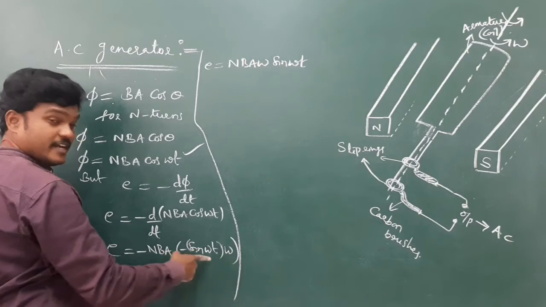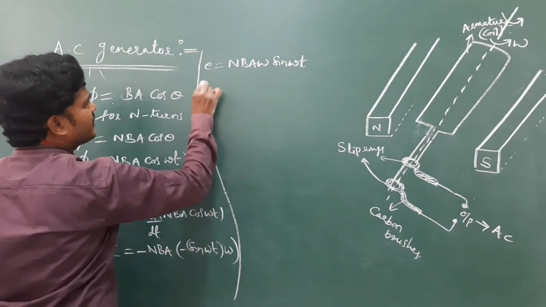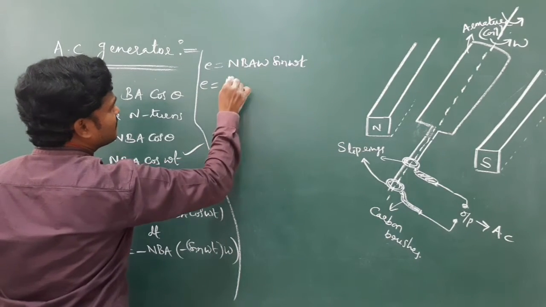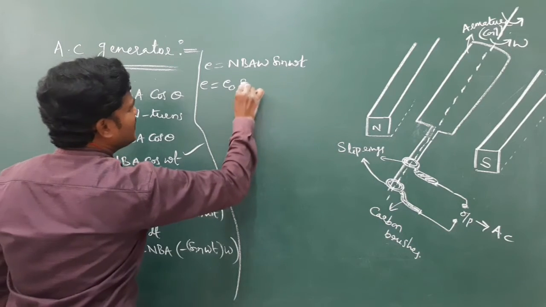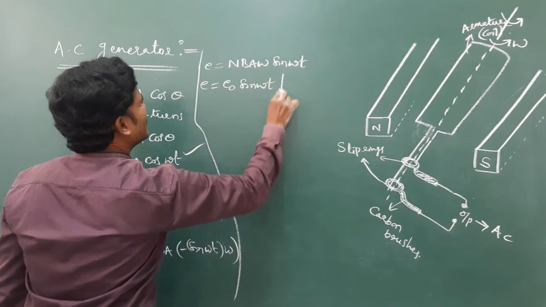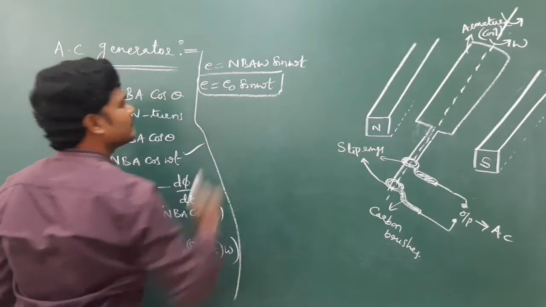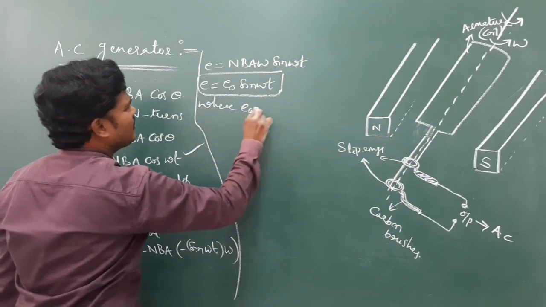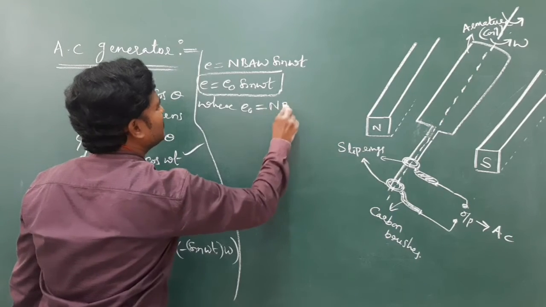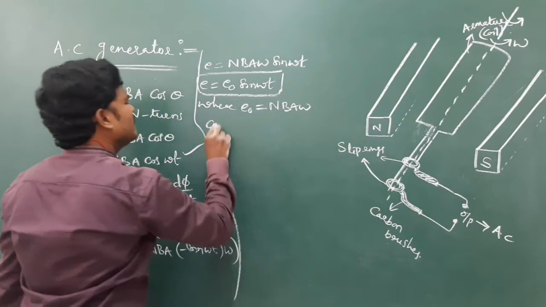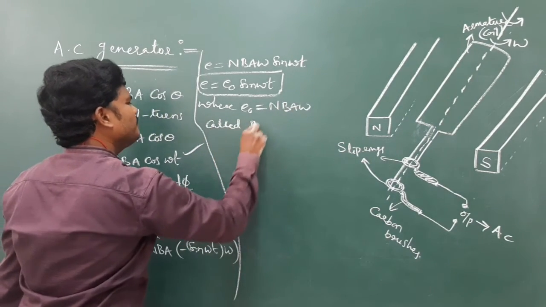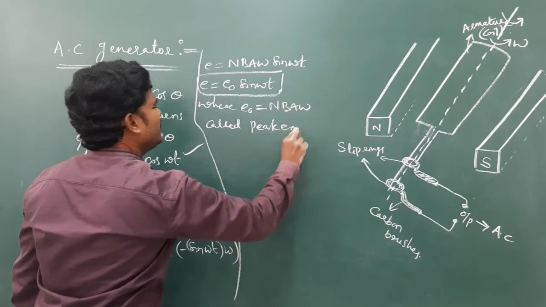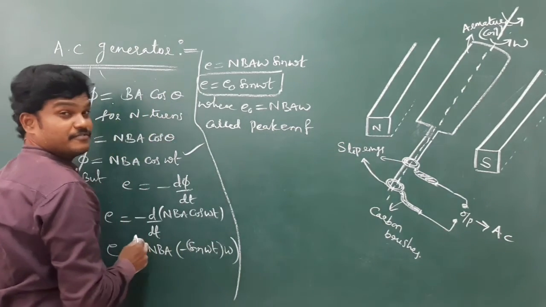NBA omega sin omega t. Here we can replace this with a symbol E naught, so E is E naught sin omega t, where this E naught is nothing but NBA omega, called the peak EMF or maximum EMF.